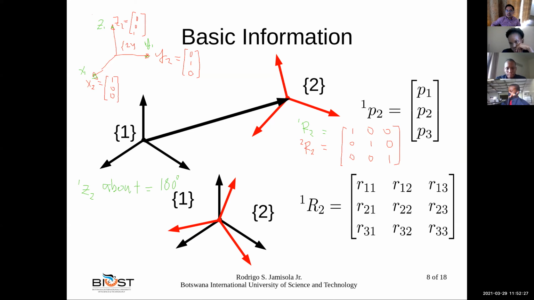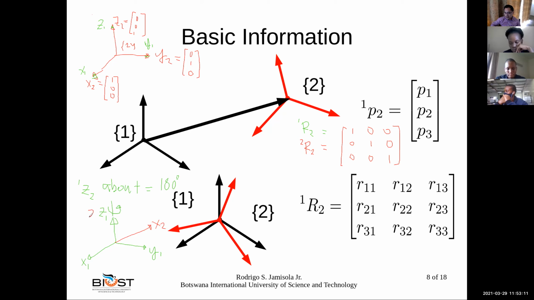If that is the case, this is frame 1: X1, Y1, Z1. Now we rotate to reach frame 2. It's rotated by 180 degrees about here. So your X from here rotated 180 degrees is your X2.